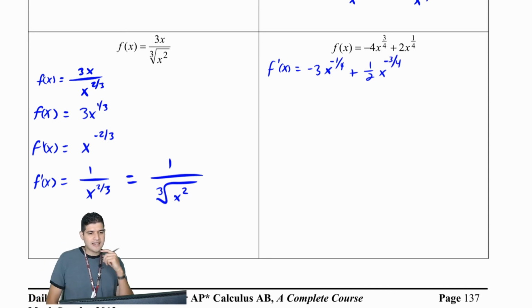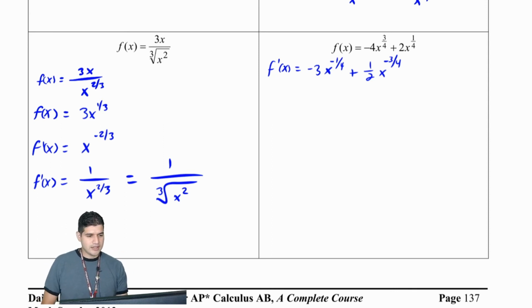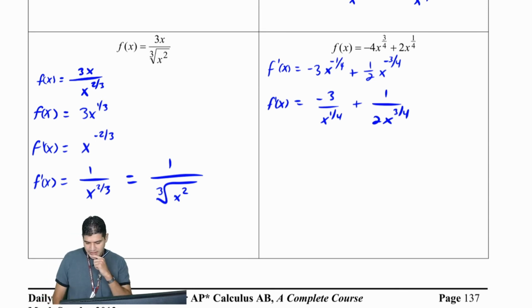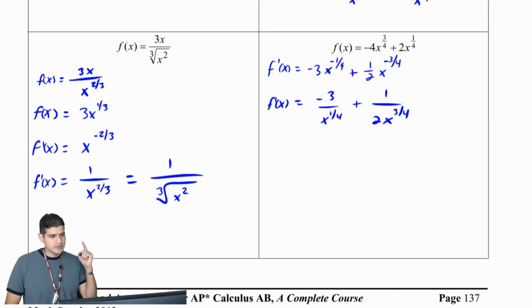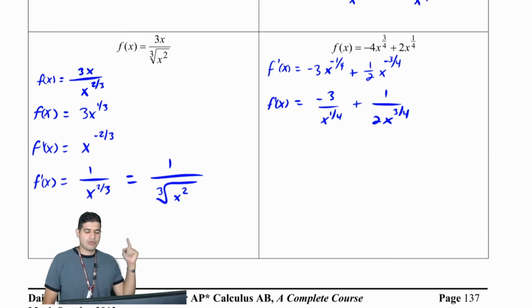All right, so I've got that down, but I want to rewrite all of these to be very, very clear. So that's going to be f prime of x equals negative 3 over x to the 1/4 plus 1 over 2x to the 3/4. All right, so what I have in my denominator on the right side is x to the 3/4.